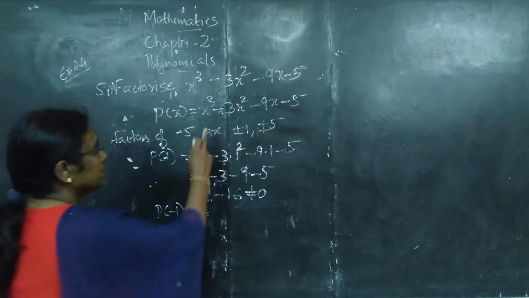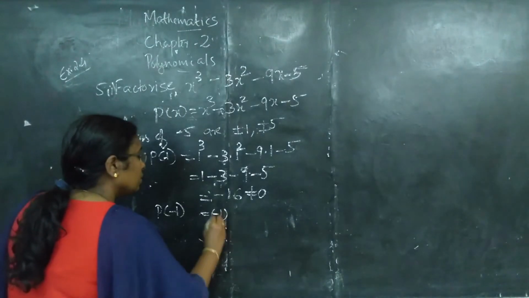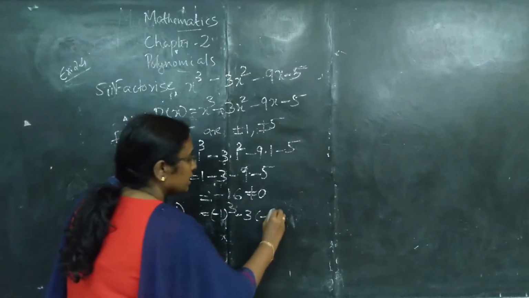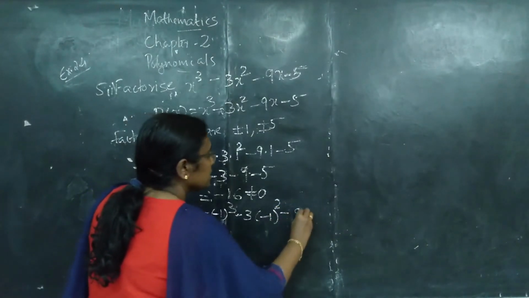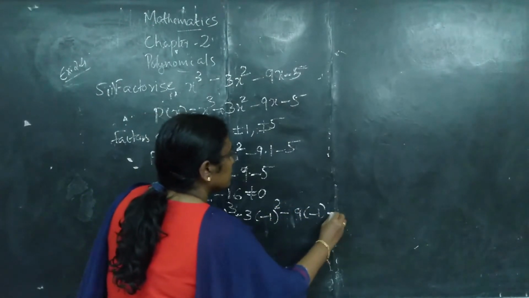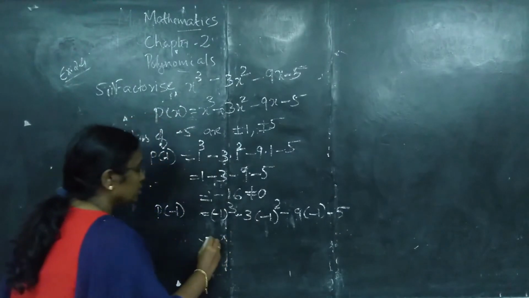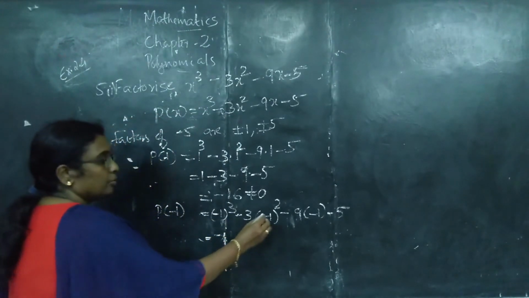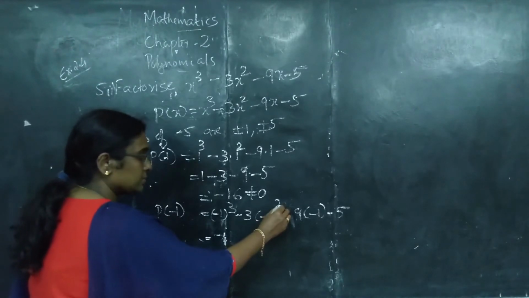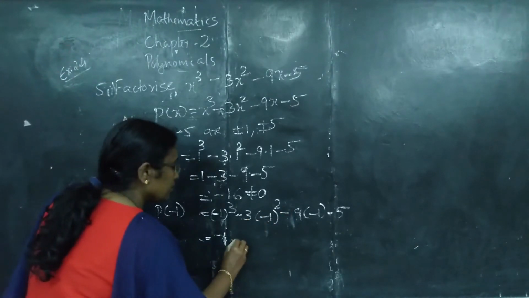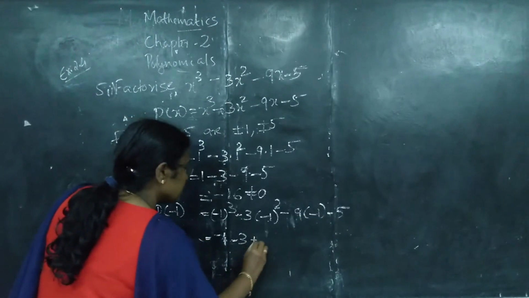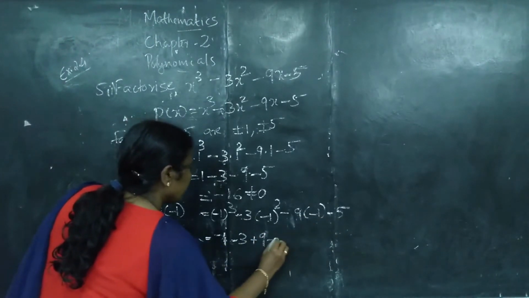P of minus 1 equal to minus 1 the whole cube minus 3 into minus 1 the whole square minus 9 into minus 1 minus 5. Minus 1 the whole cube is minus 1. Minus 1 the whole square is plus 1 into minus 3, minus 3, minus 9 into minus 1 plus 9, and minus 5.